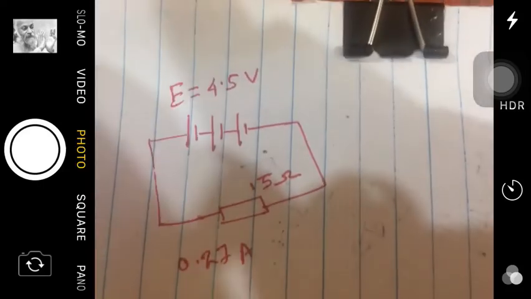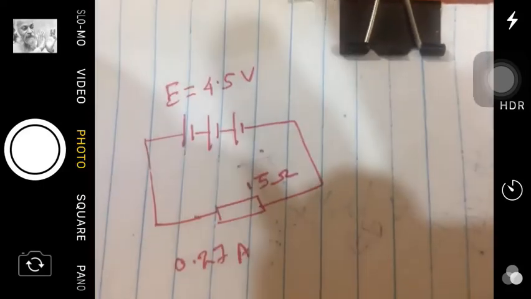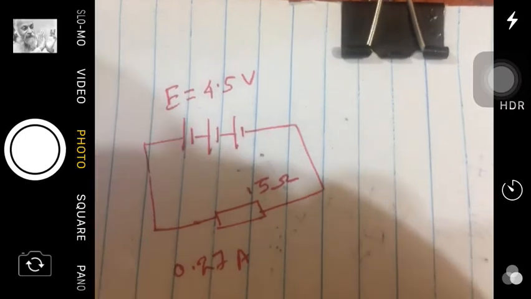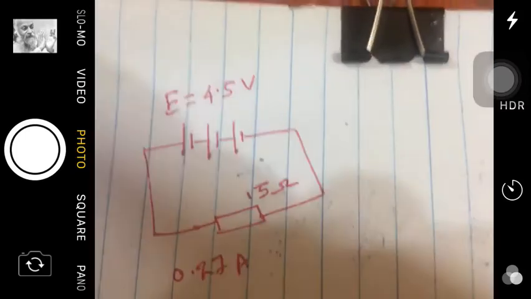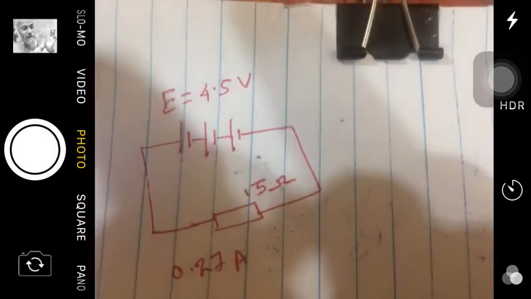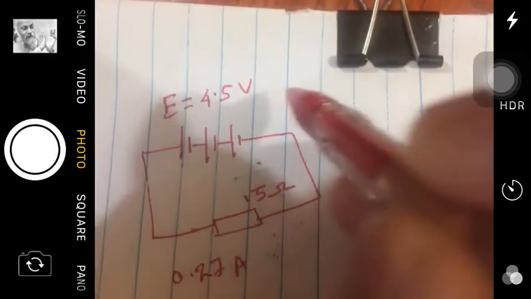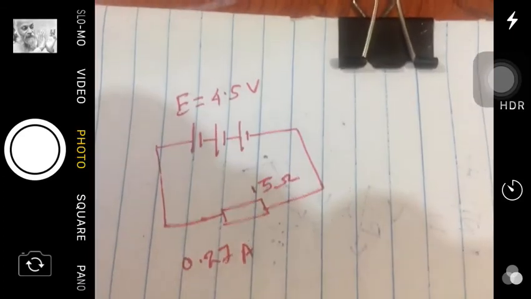So this EMF is the total chemical energy transformed to electrical form. So 4.5 is the total chemical energy given to each coulomb of charge leaving this battery.